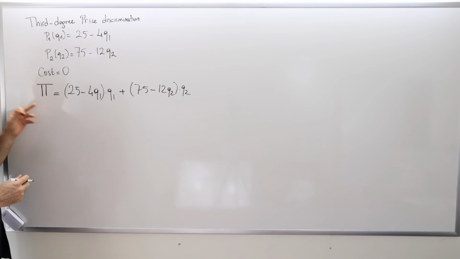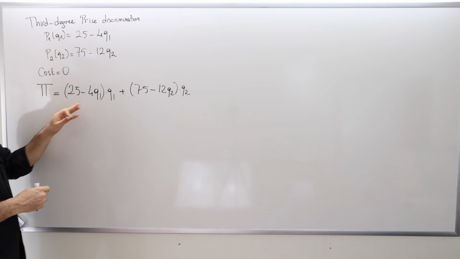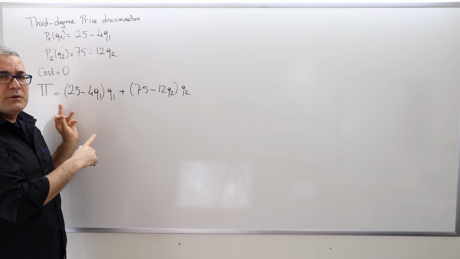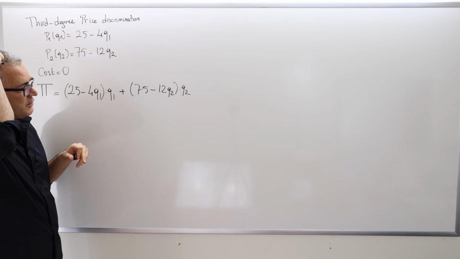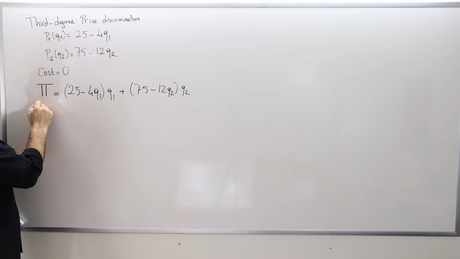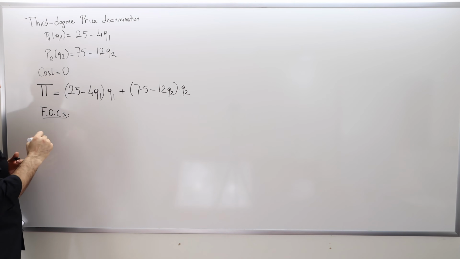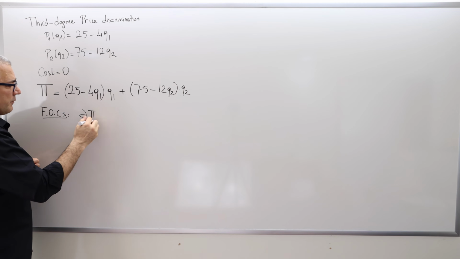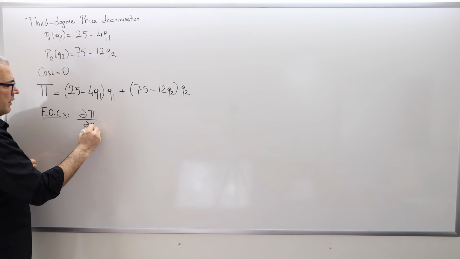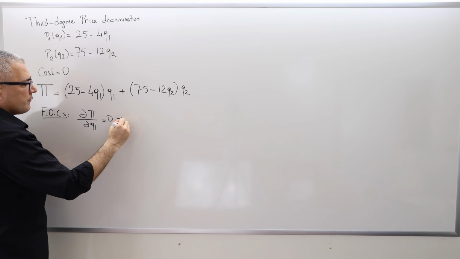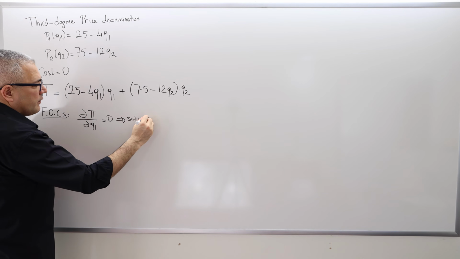How do I maximize this function? Notice that we have two variables, Q1 and Q2, so this is a function with two variables. Its optimization is simple. For the first order conditions this time, we take the derivative of the profit function with respect to quantity 1, set it equal to 0, and solve for Q1.